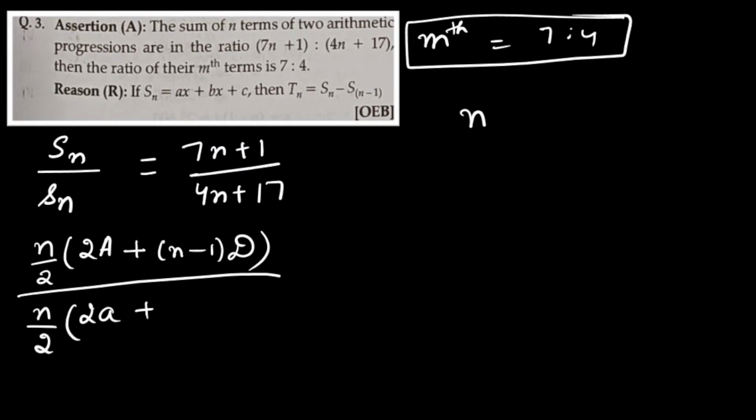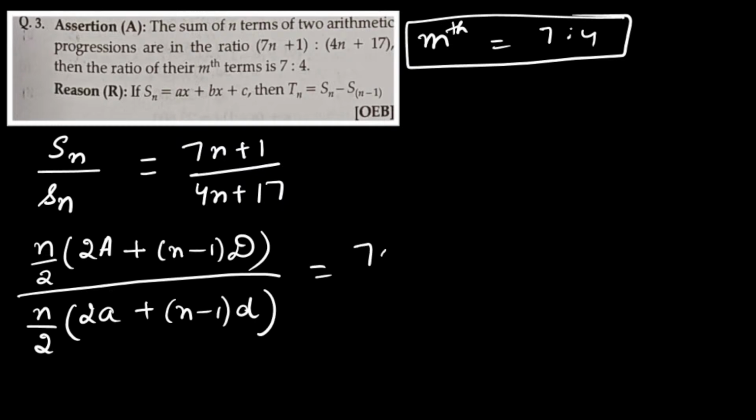See, n is the same because we are taking the ratio of n terms. N will remain the same in both the sequences, but their first term and common difference will be different. So I have written them differently here: 2a plus n minus 1 into d. Small d I am just writing here. Suppose the difference for the second sequence is small d.